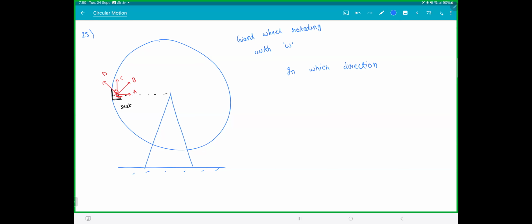Options are A, B, C. There are four directions I gave. Approximately which direction? We don't need to know the exact values. In which direction does the seat exert force on the person? Yeah, most right, Arush, who was just behind. Try others.